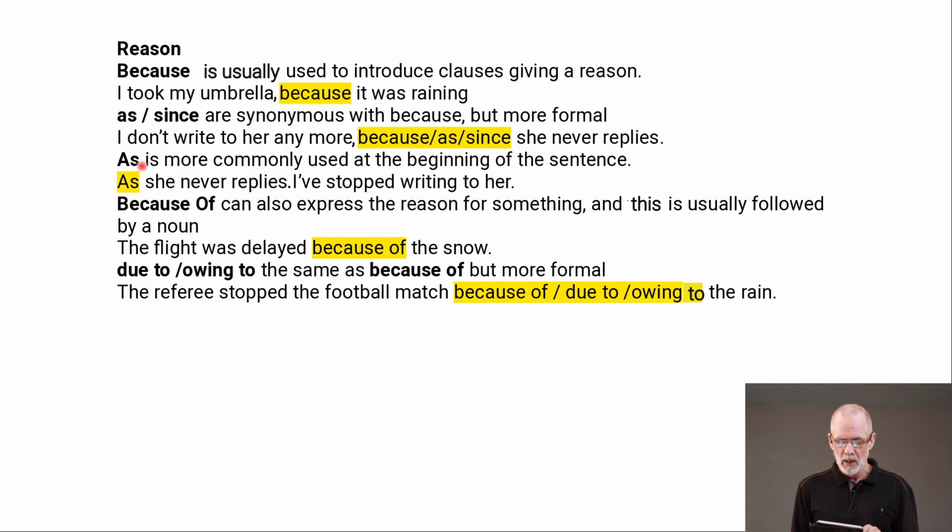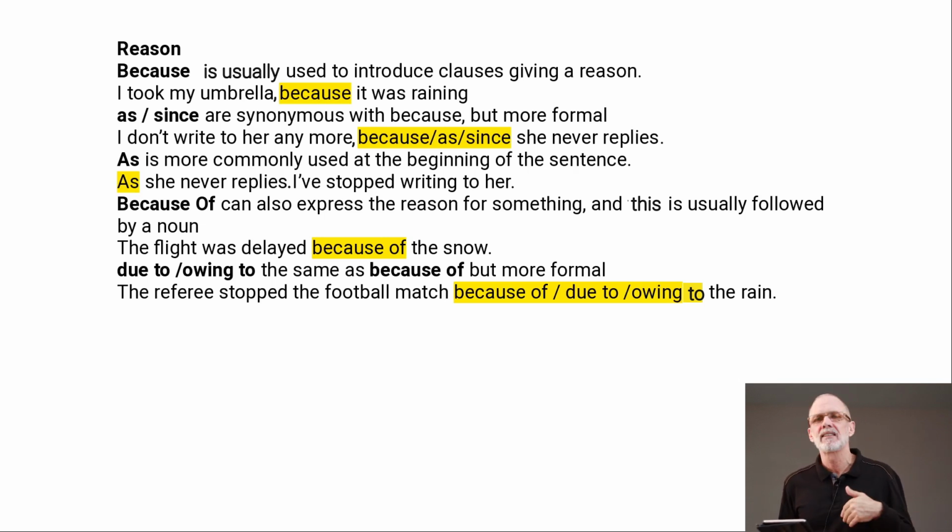So, for example, I don't write to her anymore because she never replies. Or I don't write to her anymore as she never replies, or I don't write to her anymore since she never replies. The three sentences mean the same thing because it's normal, informal spoken English.